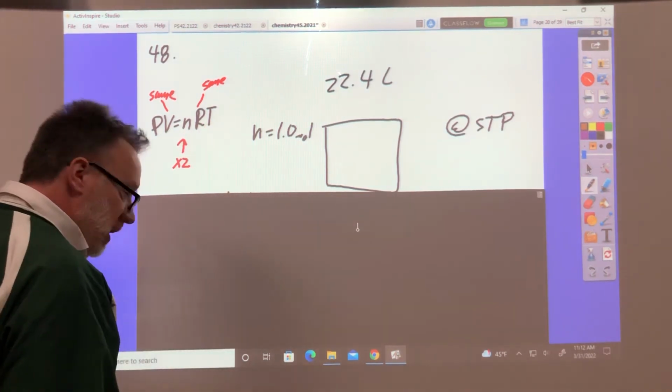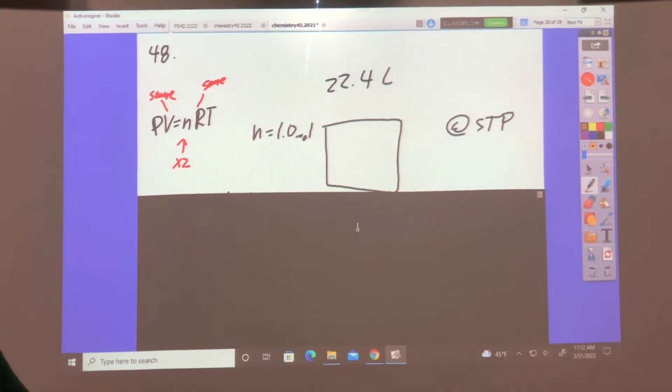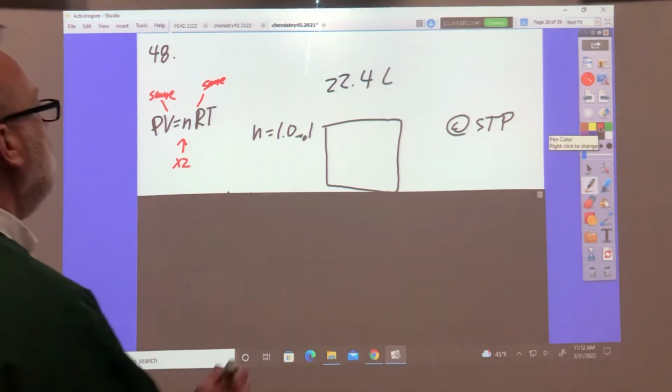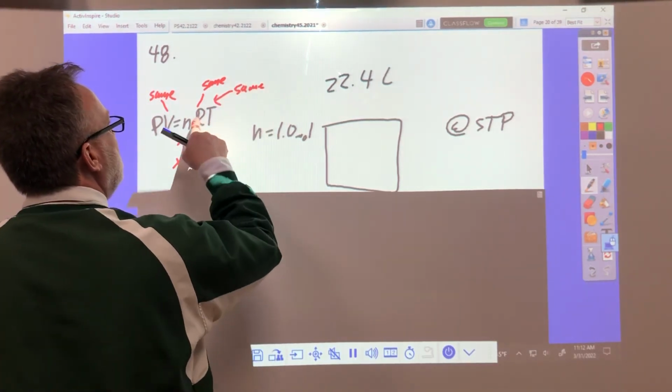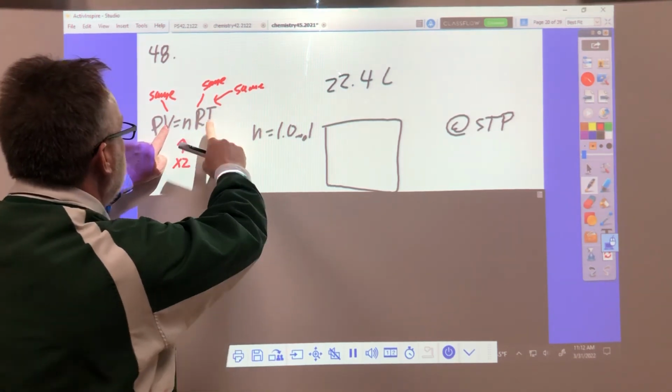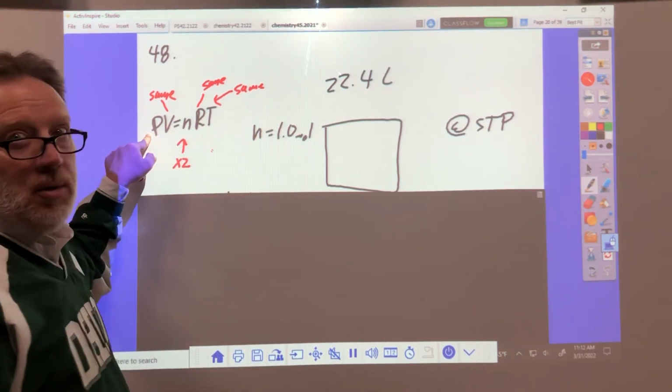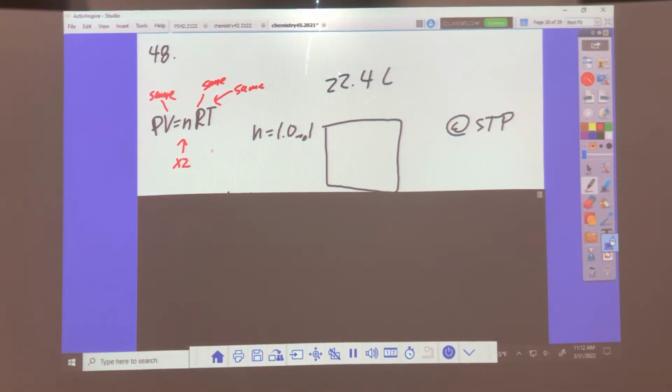Look, if T's going to stay the same, we run into a little problem with that. If this stays the same, this stays the same, and we double this, this has to be doubled. It's the only mathematical possibility left.